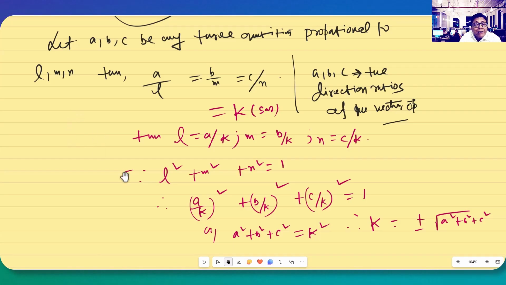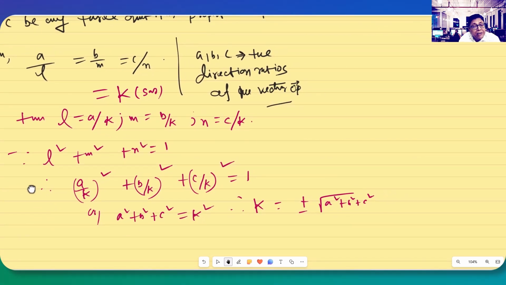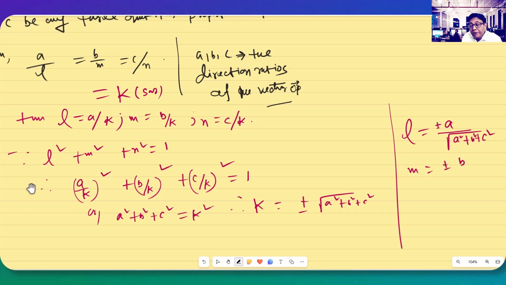So now we can redefine L in terms of direction ratios. L is plus minus A by under root A square plus B square plus C square. M is plus minus B by under root A square plus B square plus C square. N is plus minus C by under root A square plus B square plus C square.